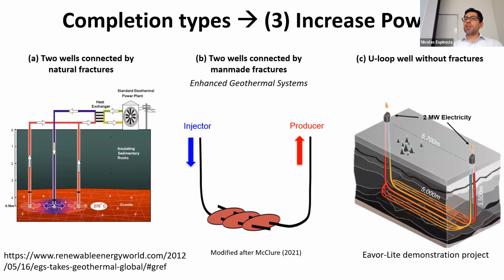Also, to increase power, we need more surface area, like with fractures, or also with more wellbores. But this is challenging. Creating fractures is not straightforward. Geometry is not straightforward. And drilling so many wells is quite costly.